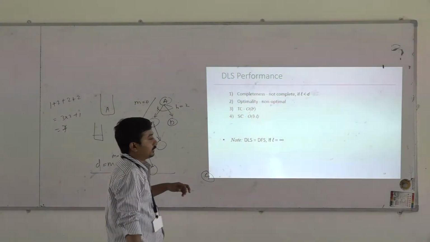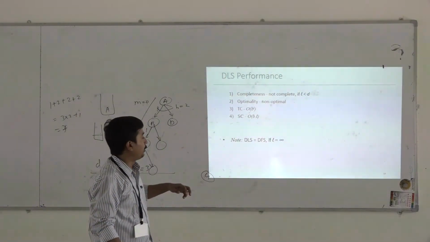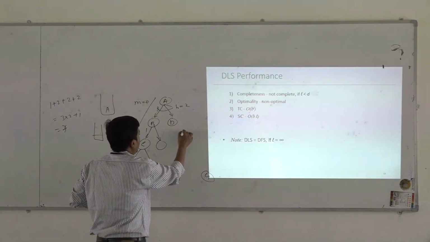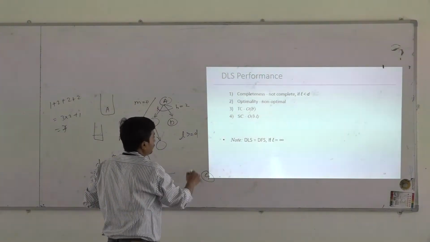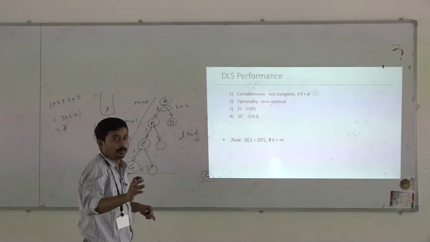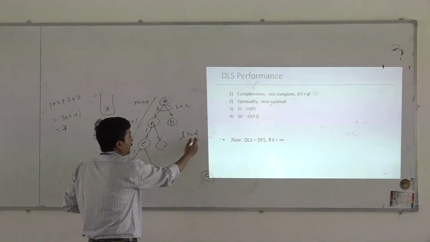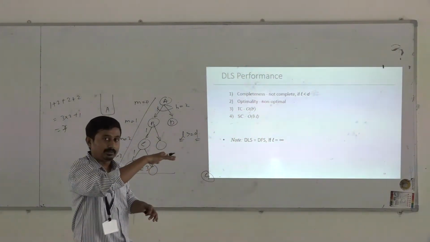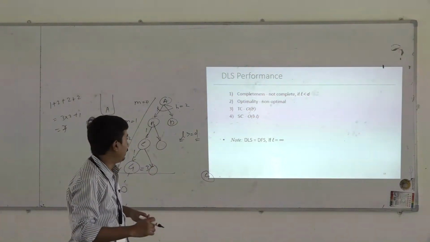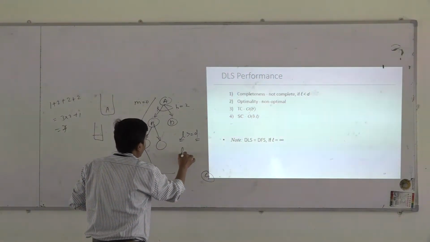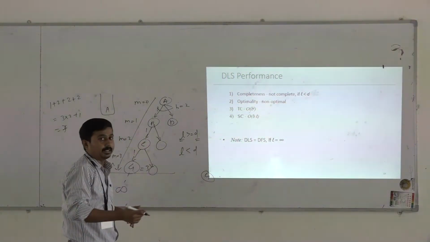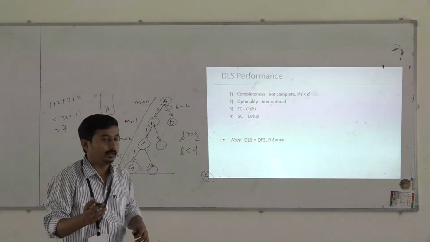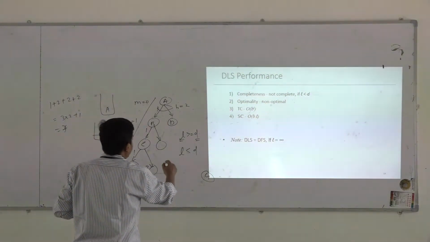So now completeness. Actually, it is complete if you give L greater than or equal to D. What is D? It is the depth of the optimal goal. If L is greater than D, you will visit that particular level and you will find a goal. But if you give L less than D, then your algorithm will be incomplete.